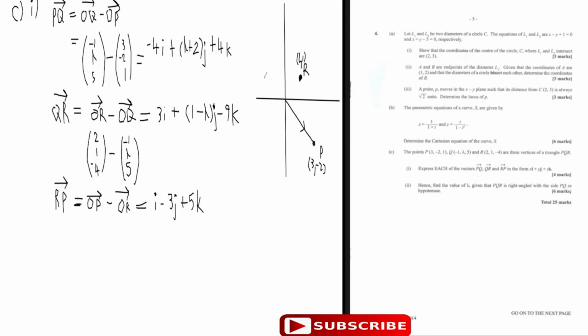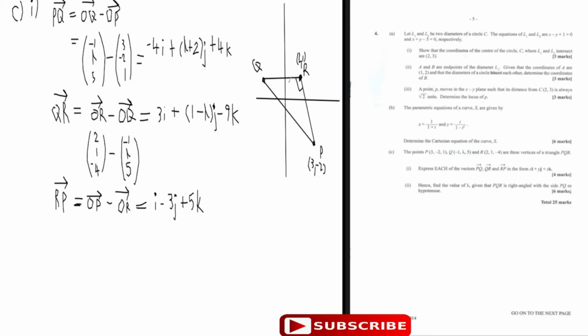Let's say this is Q. So those are the 3 points, and imagine this now, we have a right angle triangle, with PQ as the hypotenuse, and so that means the right angle would have to be at R. The right angle is somewhere right here, and this is the hypotenuse. And so now we need to determine the value of lambda.